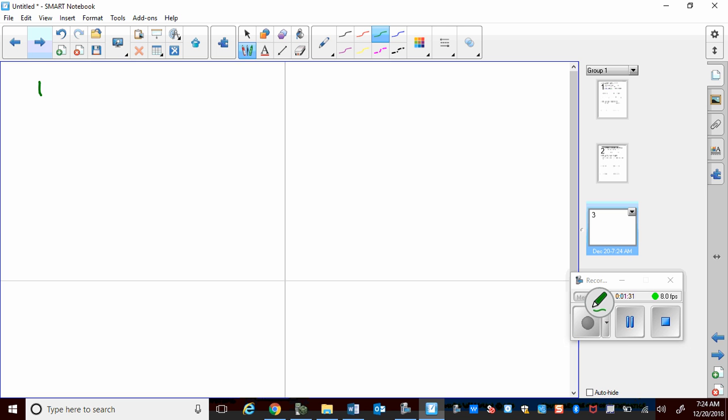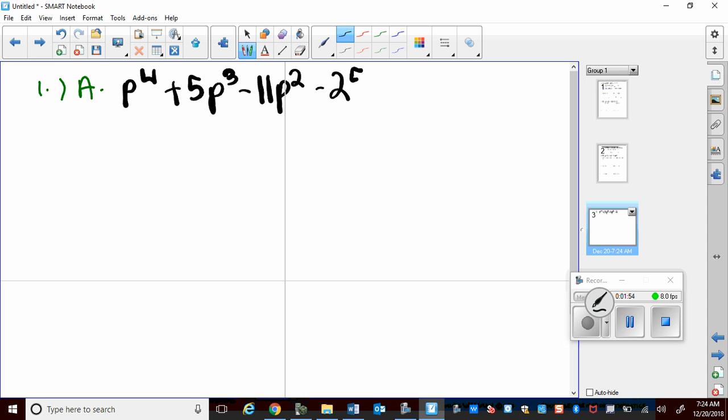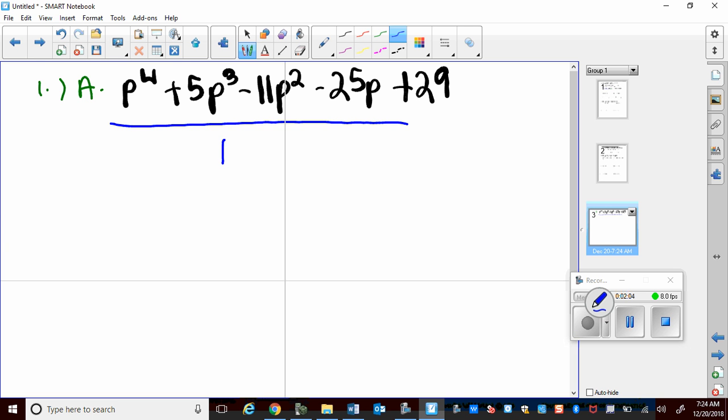So number 1, we have A. Number 1, A. So this is your polynomial: p to the 4th plus 5p cubed minus 11p squared minus 25p plus 29. Now all of this is divided by p plus 6.